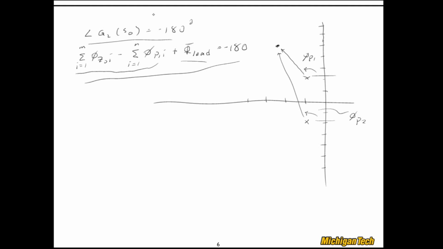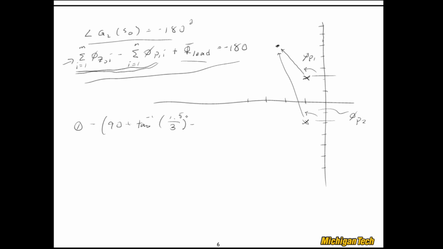So if I look at this piece first, that's the phase associated with these two poles. So there is no phase associated with any zeros. And now for the poles, if I do this one in two pieces, I'll have 90 plus the inverse tangent of 1.5 over 3.